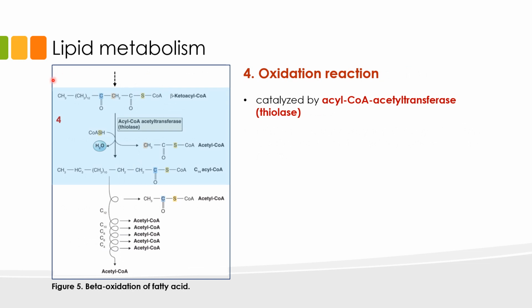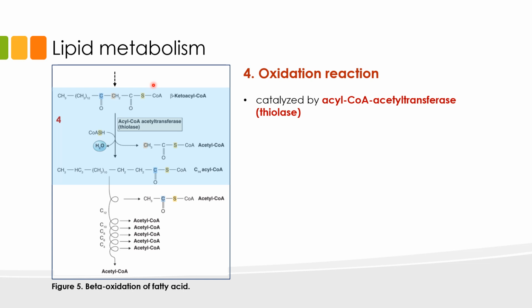The resulting ketoacyl-CoA is a more symmetric and balanced molecule that can be cleaved to produce two molecules. Cleavage of this molecule requires coenzyme A and is catalyzed by the enzyme acyl-CoA acetyltransferase, or thiolase for short. This final reaction is also called thiolysis in reference to the shortened name of the enzyme that catalyzes the reaction.